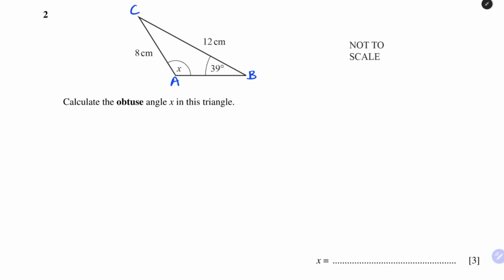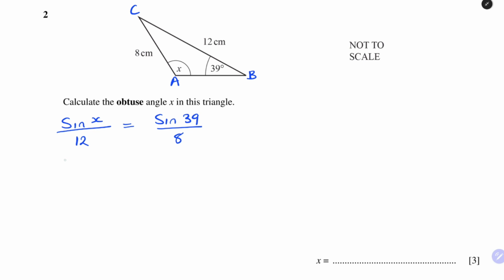So using the sine rule, we'll know that sine x over 12 will give us sine 39 over 8. Remember, the sine rule says a over sine A equals b over sine B equals c over sine C. So we have picked the pair we need here.